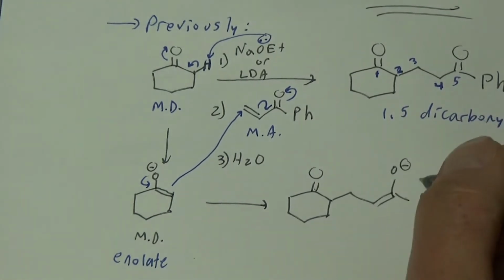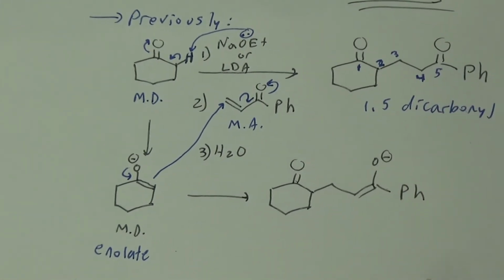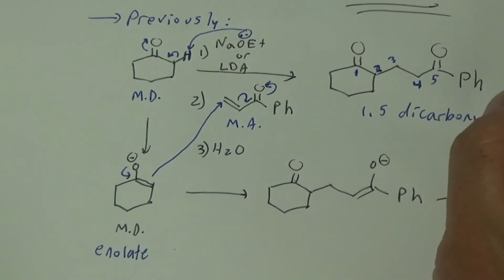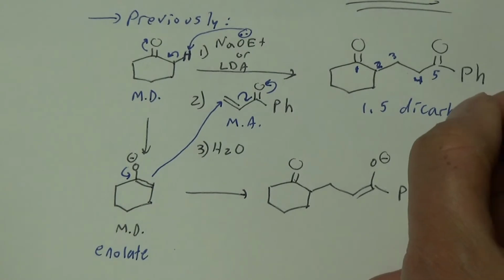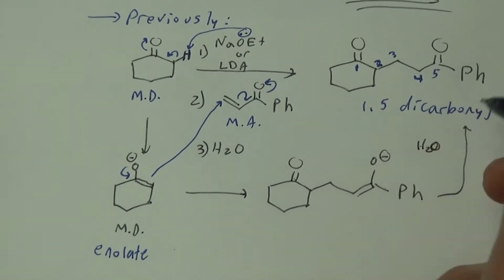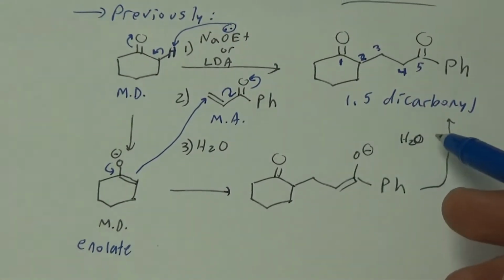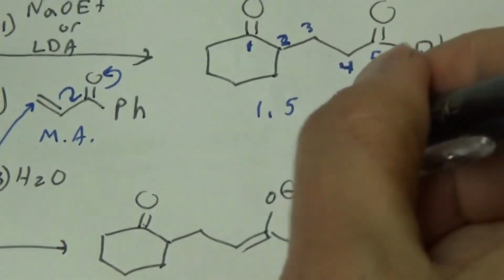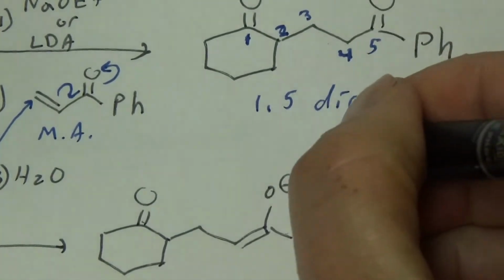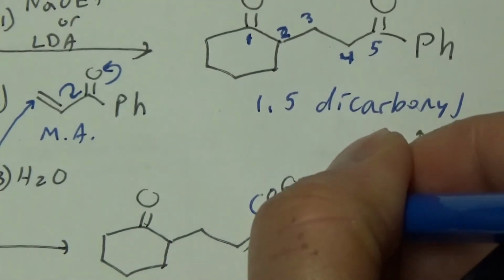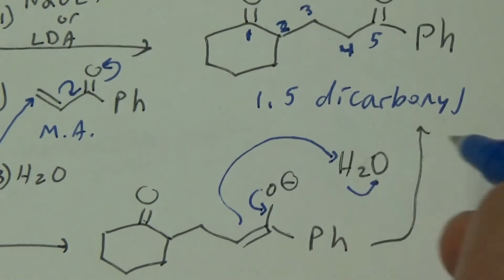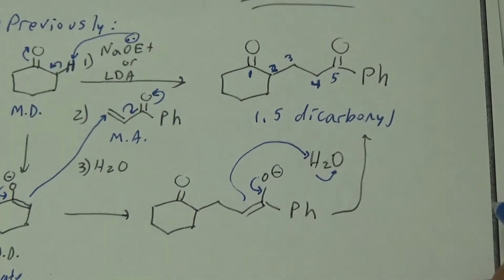Cool. And then the water comes in to finish off this mechanism. OH or H2O. So now the enolate grabs a proton from water. Cool. And then you get the product. All right? A 1,5-dicarbonyl.